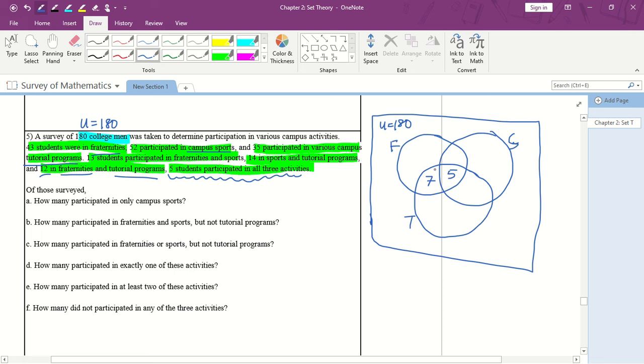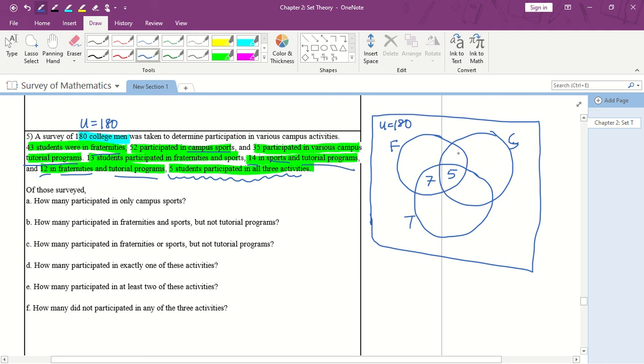And remember, if you want to describe this region, we say fraternities and tutorial only, but not sports. Let's continue with the next one. 14 in sports and tutorial program.